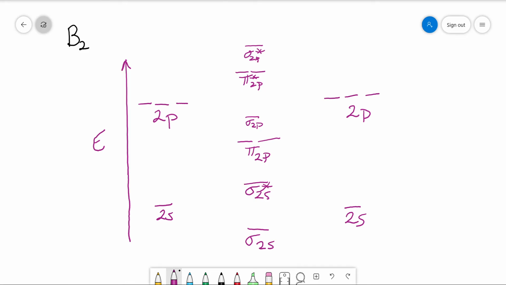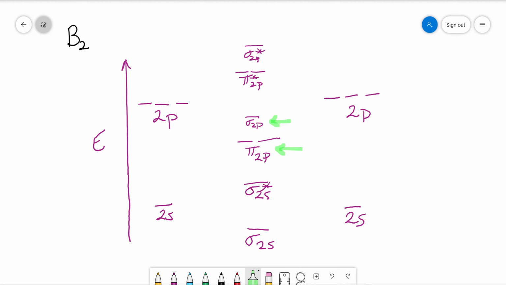Notice this is kind of similar to what we did for hybrid atomic orbitals. Remember, from the p orbitals we could have 2 pi bonds and 1 sigma bond.